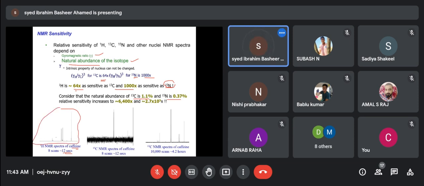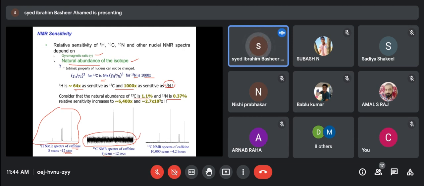The same molecule, caffeine, with C13 isotope, on the same time scale, just 12 seconds and 8 scans, you get a peak like this with a large amount of noise, a poor signal to noise ratio.